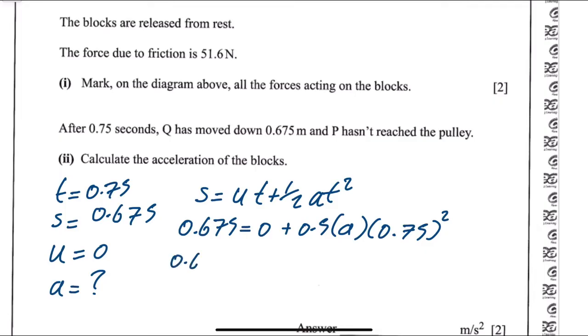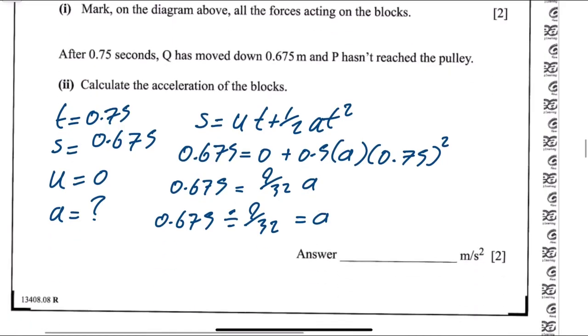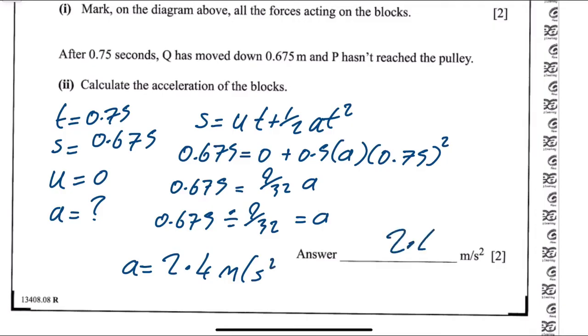And then 0.675 is equal to, when I did that out in my calculator, I got 9 over 32 times A. And then 0.675 divided by 9 over 32 is equal to your A, which for me worked out to be 2.4 meters per second squared.